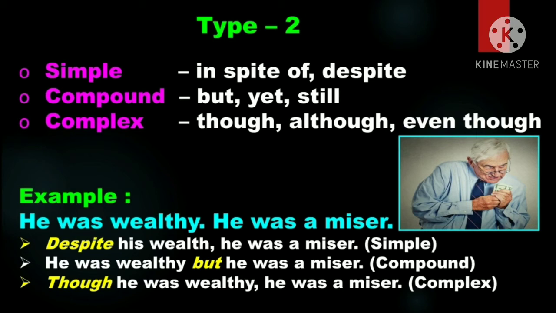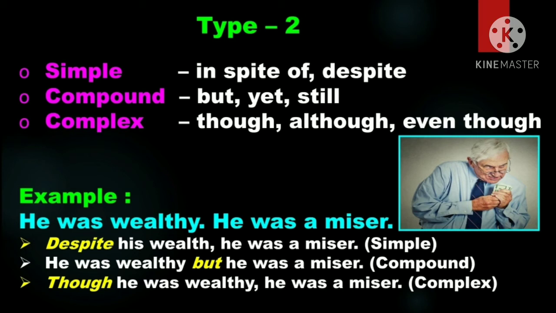He was wealthy, he was a miser. So, when we change this sentence into simple, then we should use "In spite of" or "despite being wealthy, he was a miser." When we change this sentence into compound, then we should change it as "He was wealthy but he was a miser."